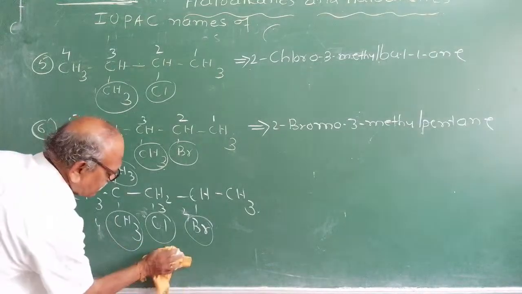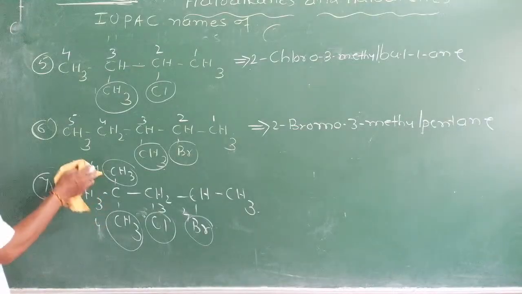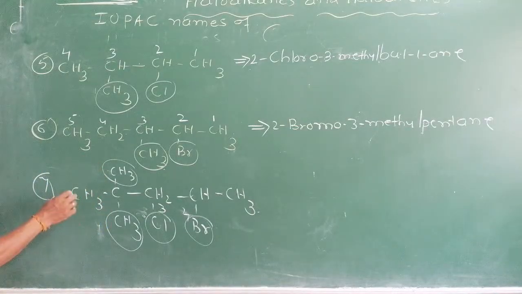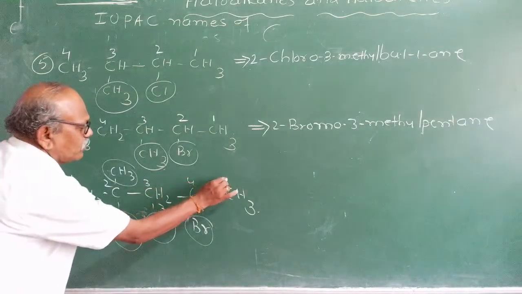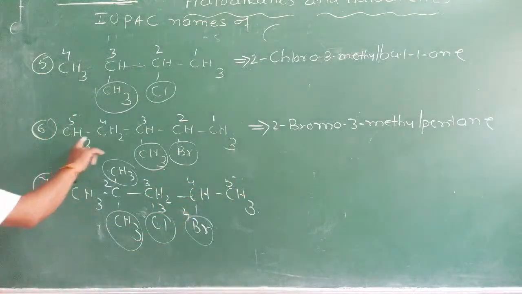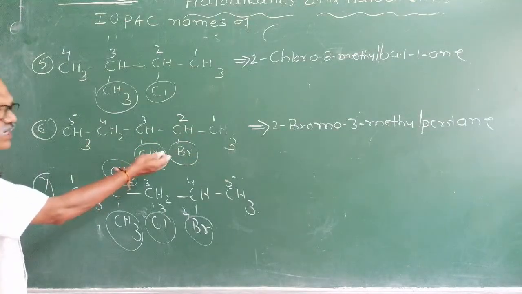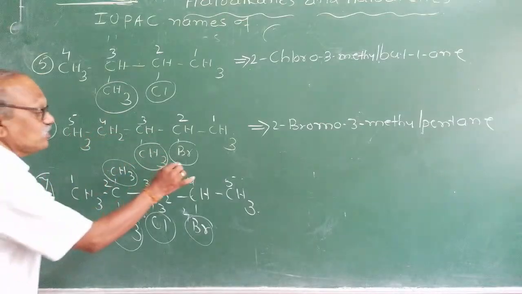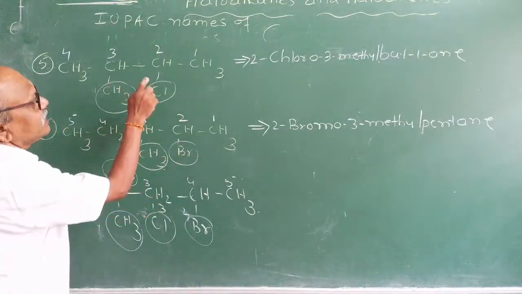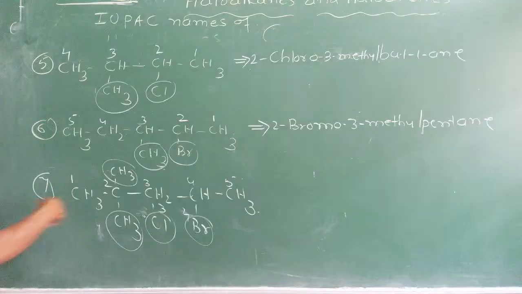Therefore, the one which gets the lowest sum, you have to number from that end. Therefore, correct naming will be 1, 2, 3, 4, 5. Here, it was symmetric. Locants were 2 plus 2, 4, 2 plus 3, 5 either side. In that case, you took alphabetical order. Here, you have to select the lowest sum of the locants.